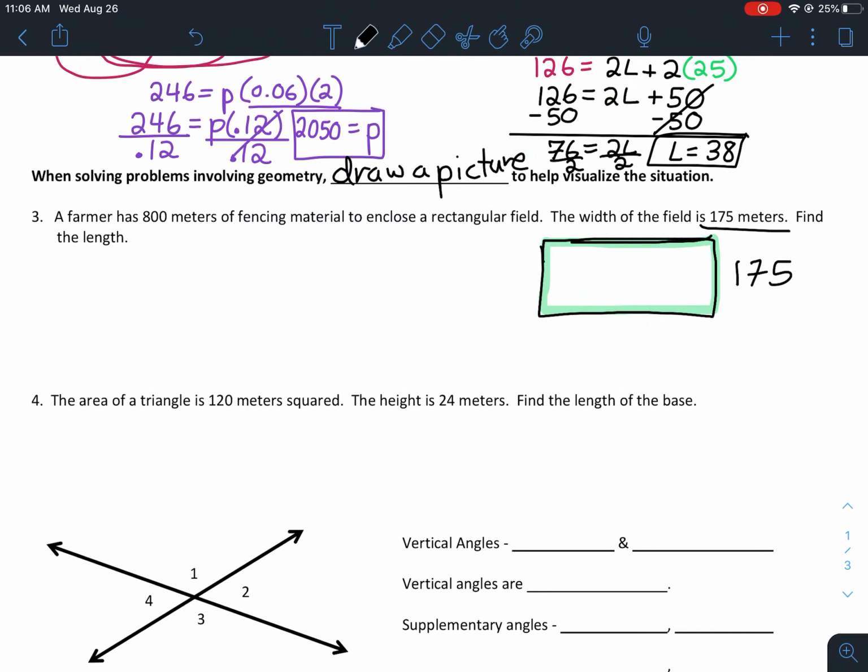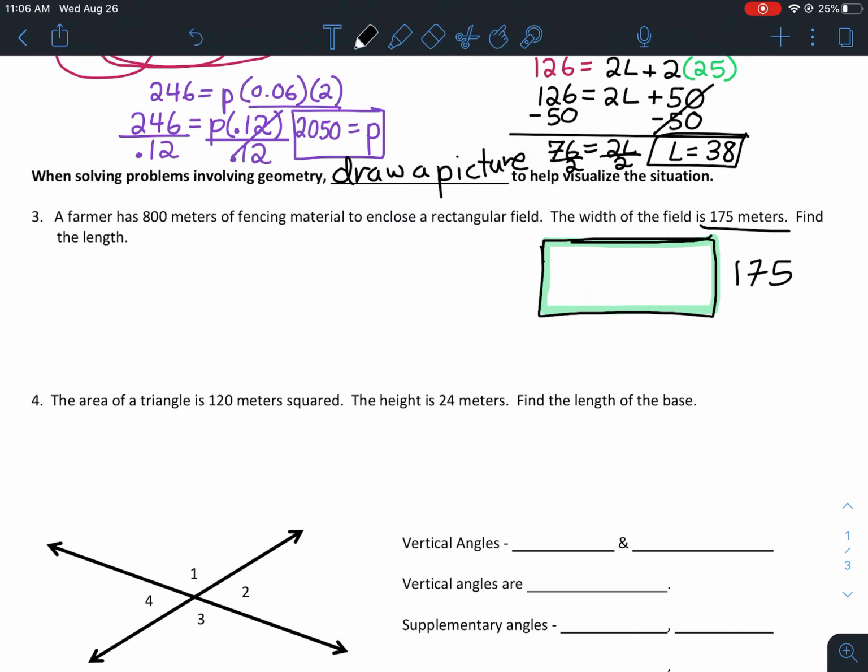And now it's just a matter of doing the same thing that I did last time. 800 equals 2L. Well, I know 2 times 175 is 350. And then it's just a matter of solving a two-step equation. Subtract 350 from both sides. When I do that, I get 450 on the left equals 2L.